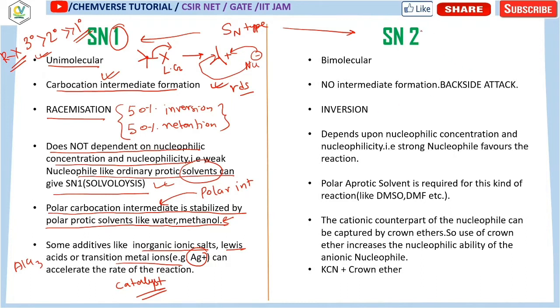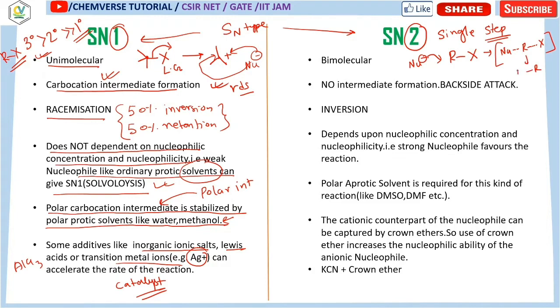Now coming back to the SN2 reaction, here 2 stands for bimolecular, and remember it is a single step reaction. In the single step, over here in RX, X is a leaving group which could be the halogen, and the nucleophile comes in from the back side, and there will be a transition state like this.